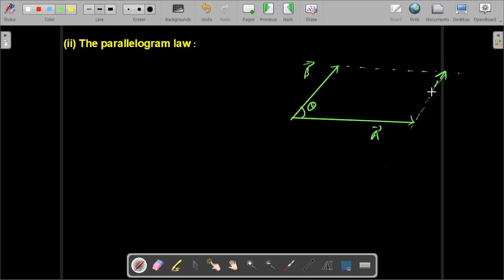The value of this side is equal to the value of this vector, and the direction is the same. You can assume like this, and then the resultant vector will be in this direction, at this opposite angle.